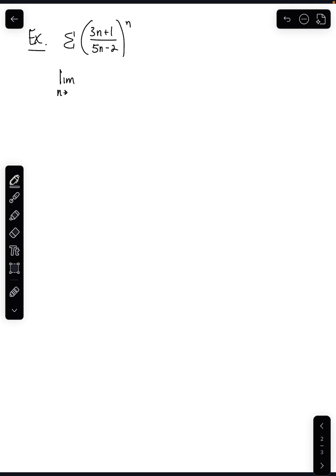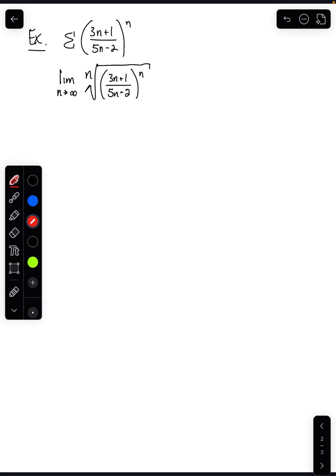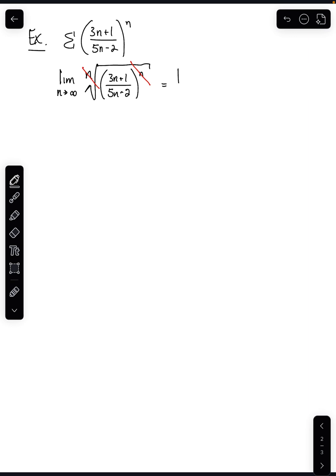So we would do the limit as n approaches infinity of the nth root of the nth term of the series, 3n plus 1 over 5n minus 2 raised to the n. And of course, the idea here is that the nth root exactly cancels out the nth power and leaves us with the limit as n goes to infinity of the rational expression 3n plus 1 over 5n minus 2.